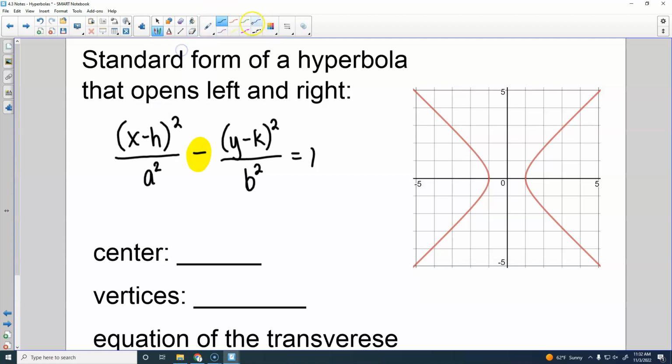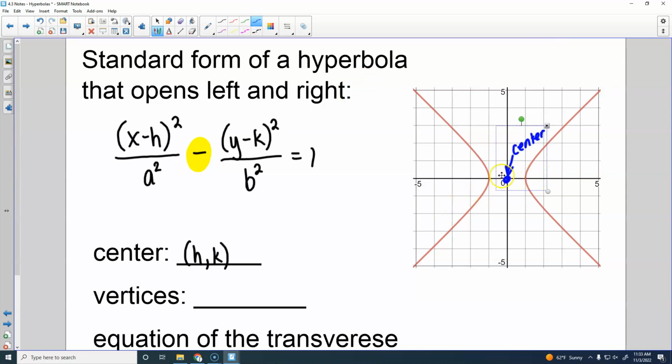The center of this, just like with circles, just like with ellipses, is going to be (h, k). If you have a hyperbola that opens left and right, the center would be right here.